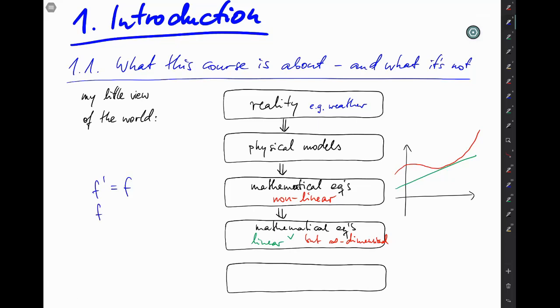You could just write f equals exp, or you could write f of x equals e to the power x, and we all know what that means. So in this case, the unknown was not your little x, your real number. The unknown is the function f. And the function f is given by an infinite amount of data, not just one piece of real number data.